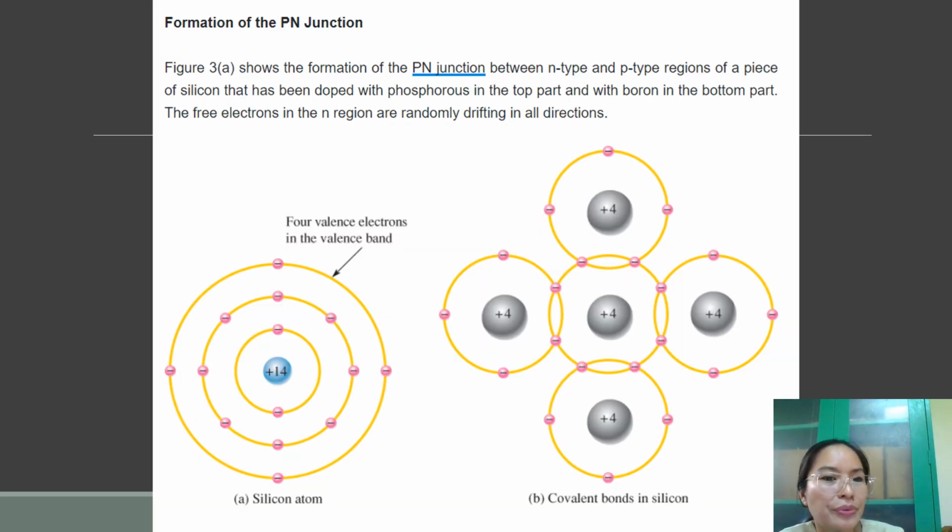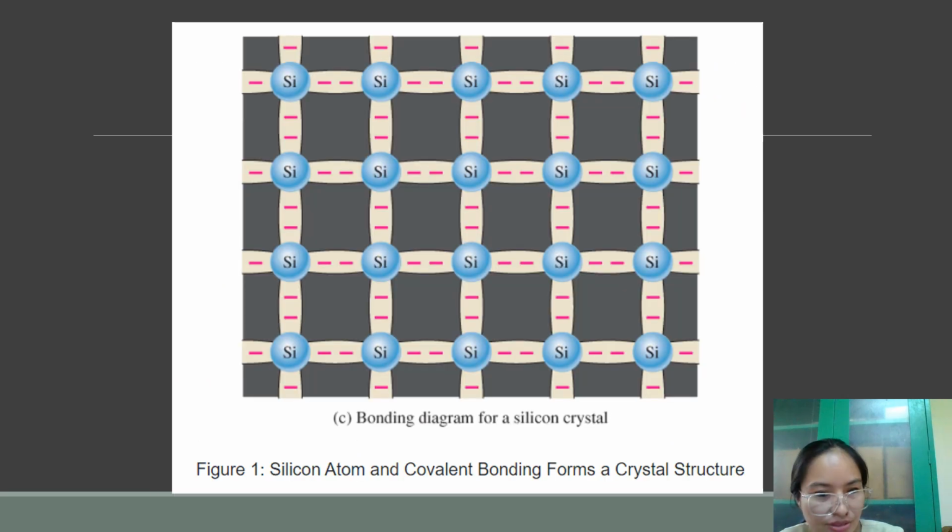Okay, how do they form? So we can see in figure 3 the formation of the p-n junction between the n-type and the p-type regions of a piece of silicon, for example. This is doped with phosphorus in the top part and with boron in the bottom part. The free electrons in the n region are randomly drifting in all directions.